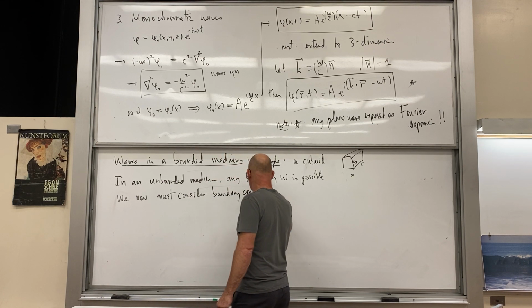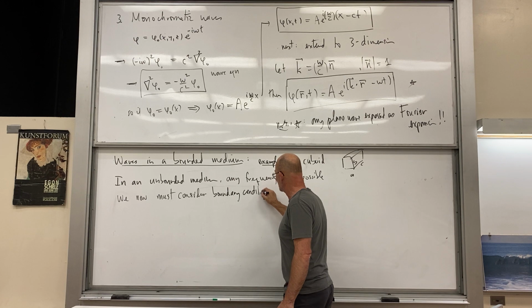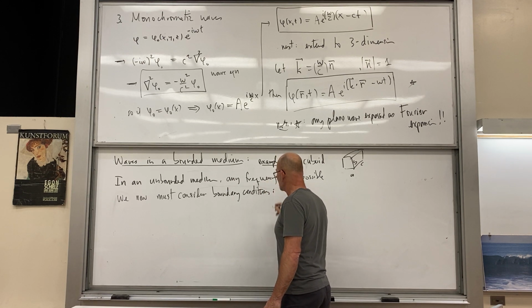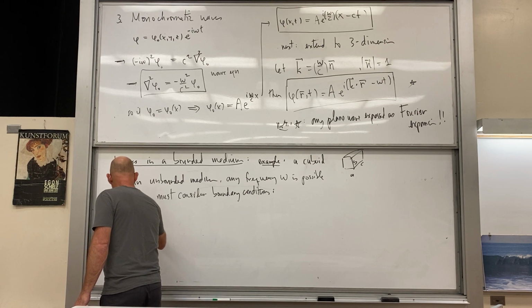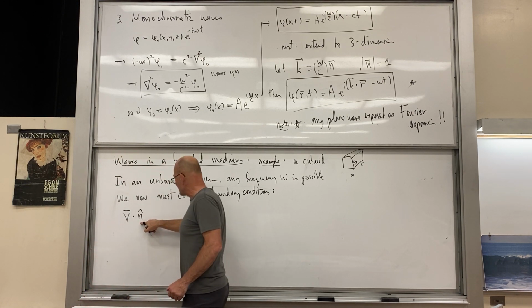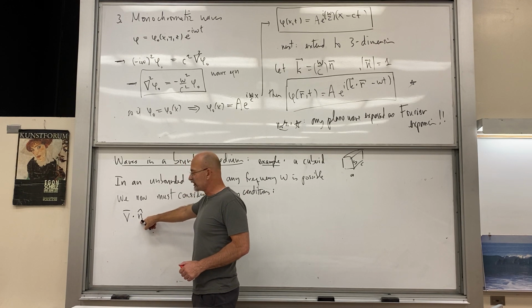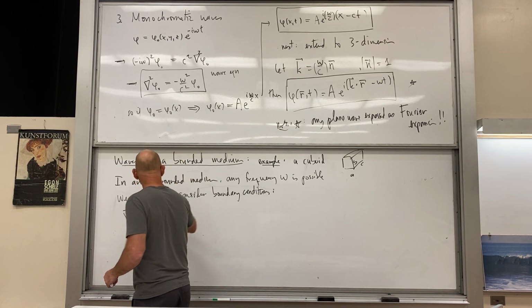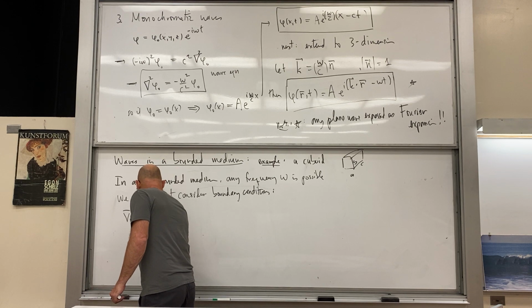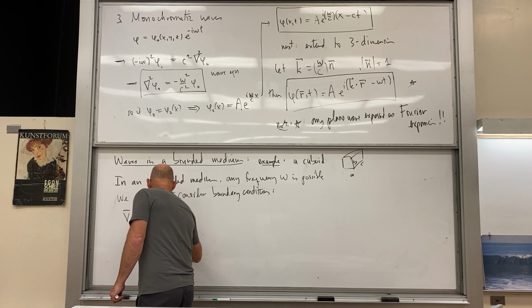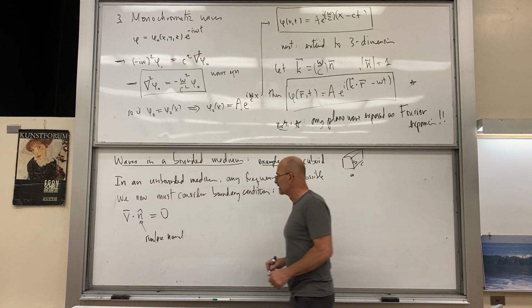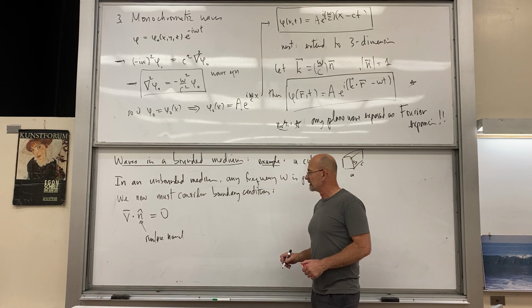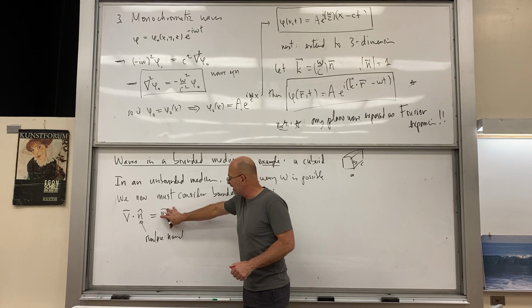And we have the boundary conditions from the Euler equation, namely that v dot n hat equals 0, where n hat now is the surface normal, not the wave vector there. So basically v dot n hat equals 0.